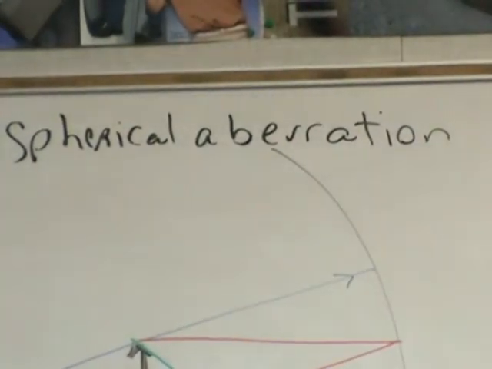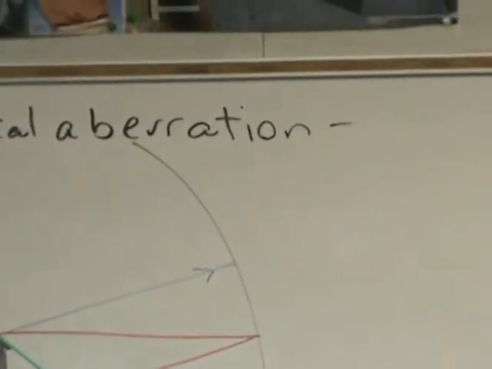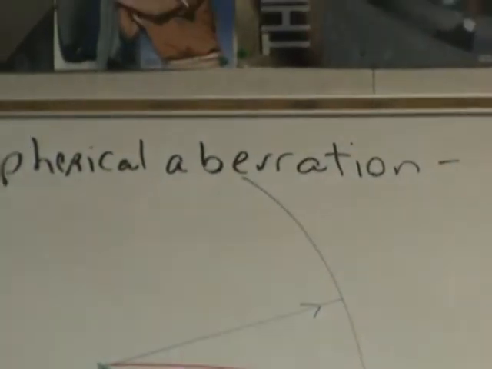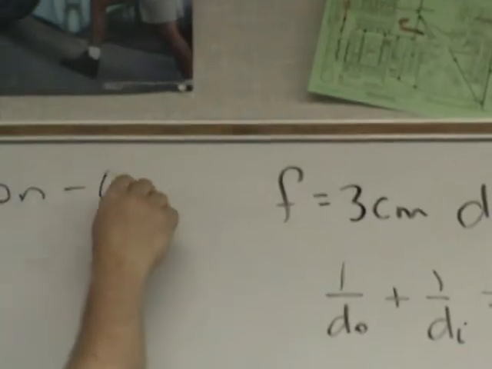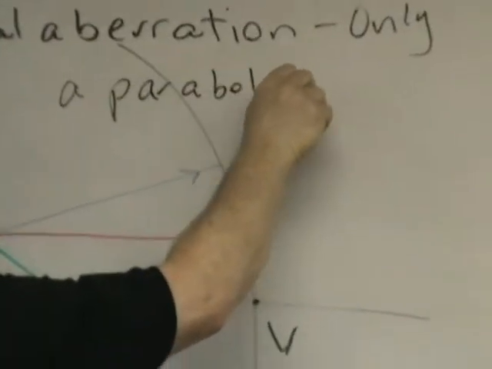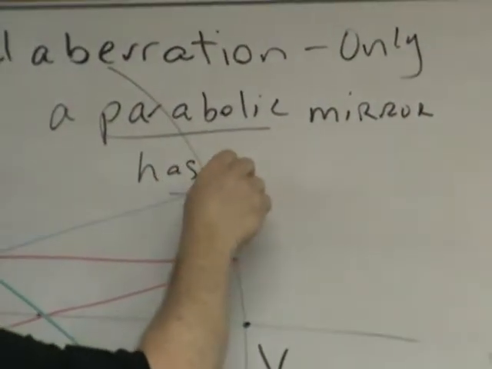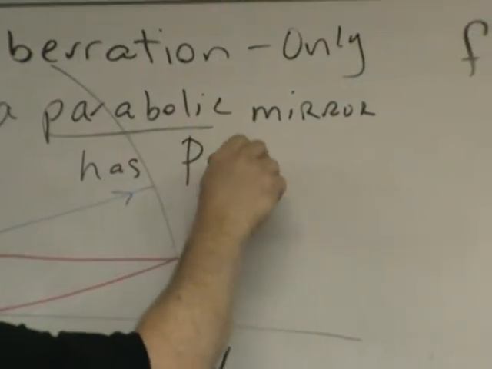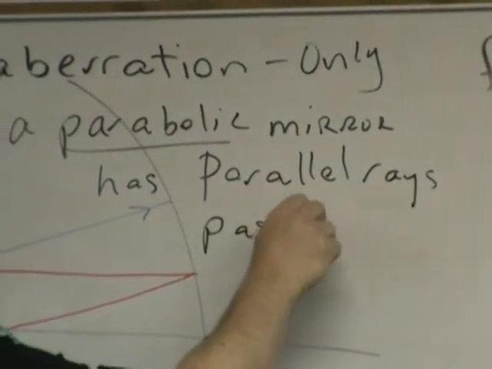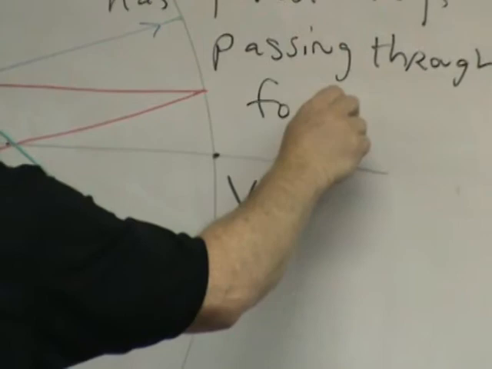Some people are really good spellers, but with spherical aberration, your image is not going to be perfect because the spherical mirror would need to be parabolic. Only a parabolic mirror has parallel rays passing through the focus, not a spherical mirror.